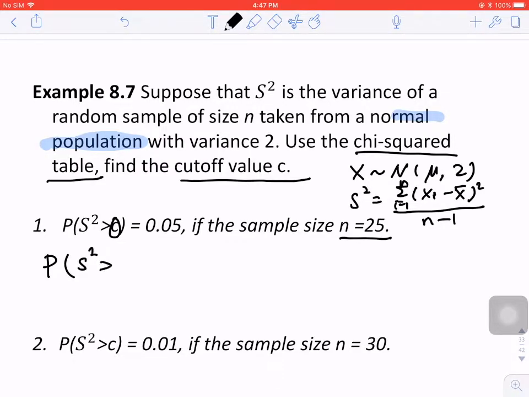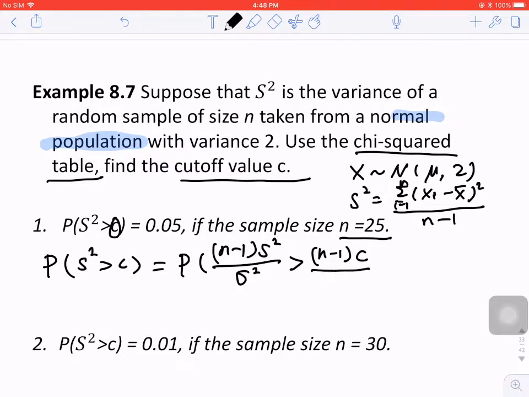I'm going to multiply by n minus 1 and divide by sigma squared. Because n minus 1 is positive and sigma squared is positive, you can multiply without changing the direction of the inequality sign. So this is still larger than n minus 1 multiplied by c divided by sigma squared.